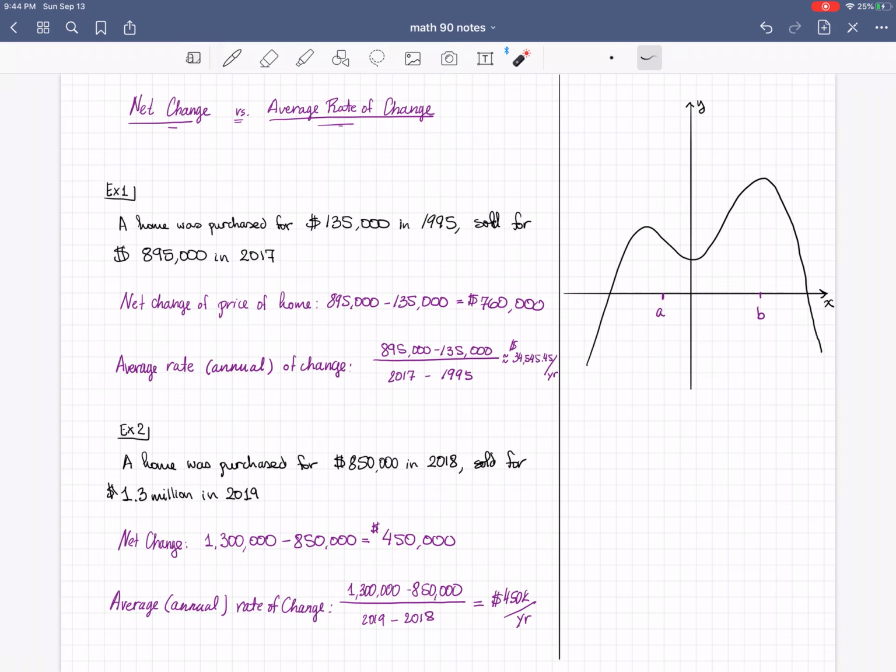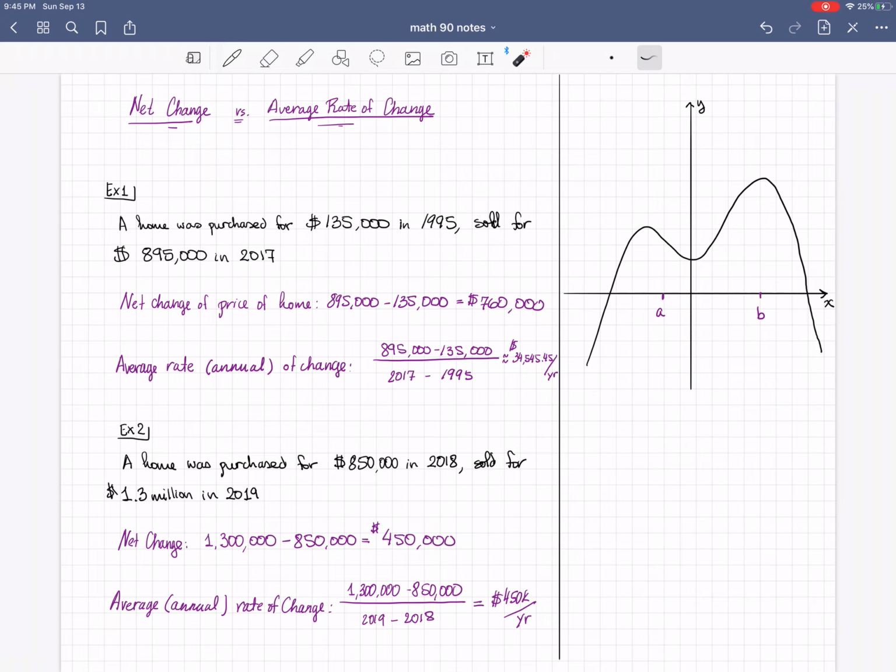This is somebody who is going to have a fast turnaround of 1 year, and they're going to put a lot of money into the property and sell it substantially higher than what they bought. And so these two examples really illustrate the idea of net versus average rate of change.